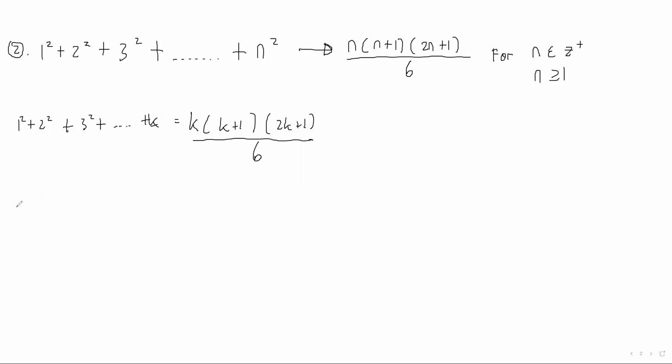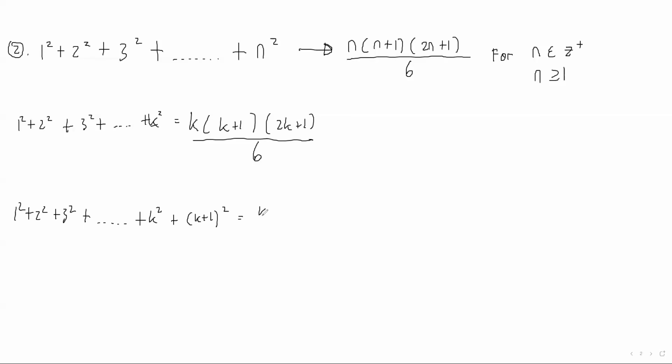So in that case, 1 square plus 2 square plus 3 square plus and so on, plus k, sorry, it's k square, right? Because the one that is changed is only the base of the power here, so k square. And the next term will be bracket k plus 1 square, right? And the formula will be just change the n here to k plus 1.